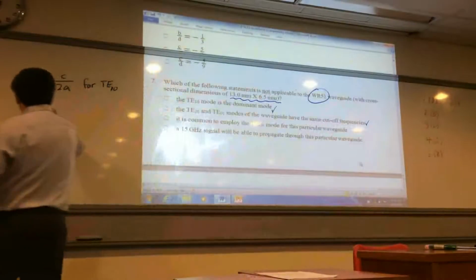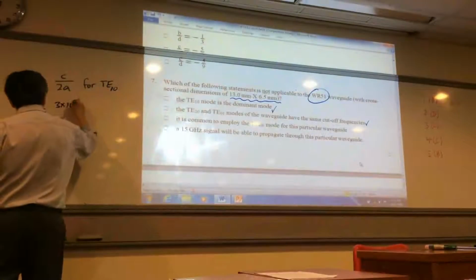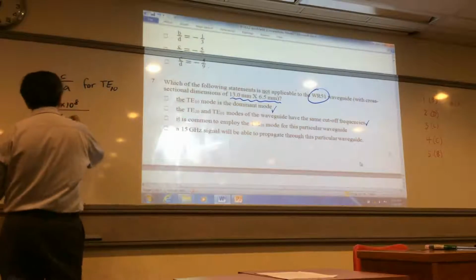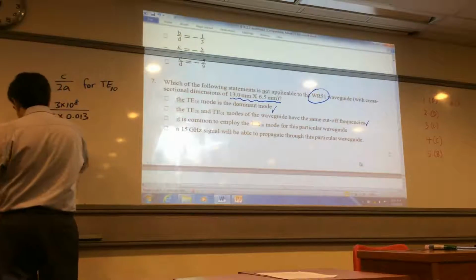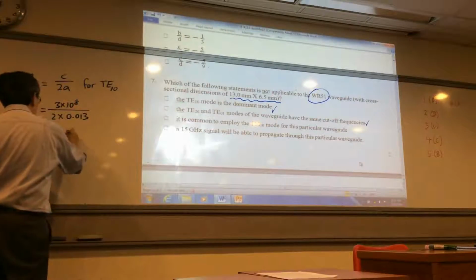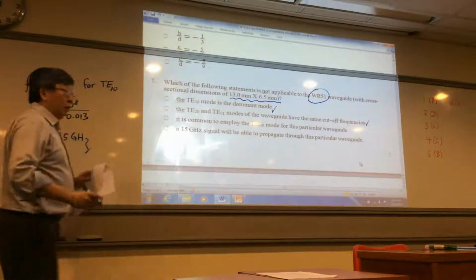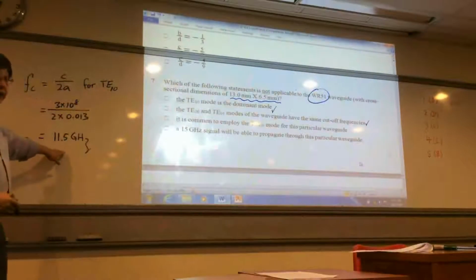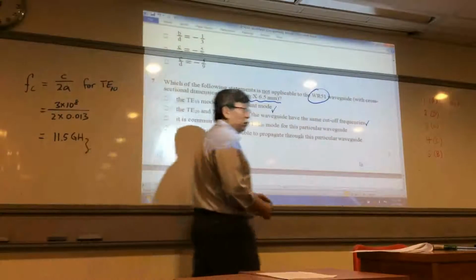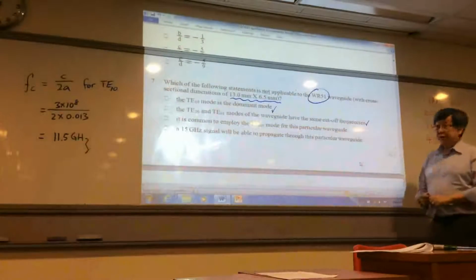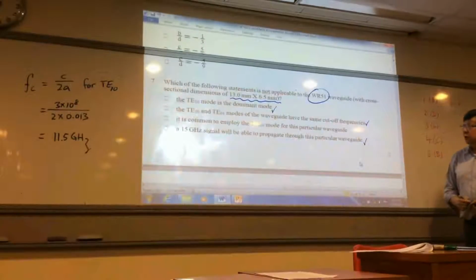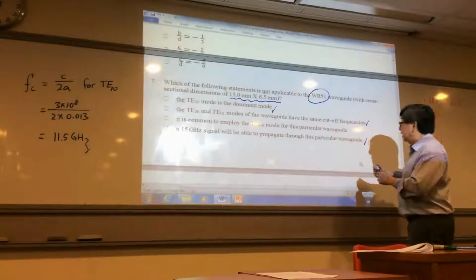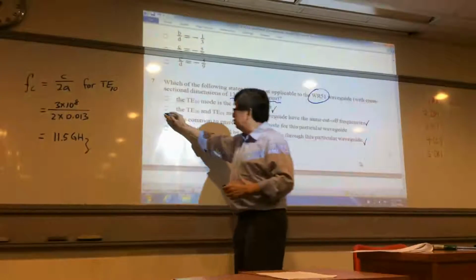If you put in the numbers, 3 times 10 to the 8 divided by 2 times a, which is 0.013, you will have 11.5 gigahertz. So if the waveguide has a cutoff frequency of 11.5 gigahertz, then a 15 gigahertz signal will certainly be able to propagate through the waveguide. So this part is also true. The only one that is untrue must be this one here.